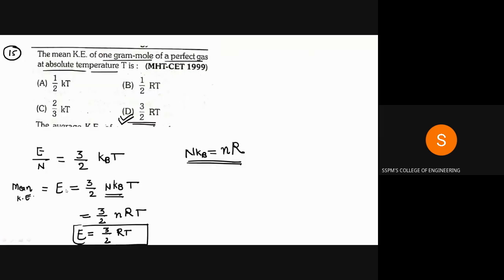Refer the next problem. The kinetic energy of 1 gram molecule of a gas at normal temperature and pressure is, so average kinetic energy. So we have just seen the equation E is equal to 3 by 2 RT. It means that E is directly proportional to the temperature.